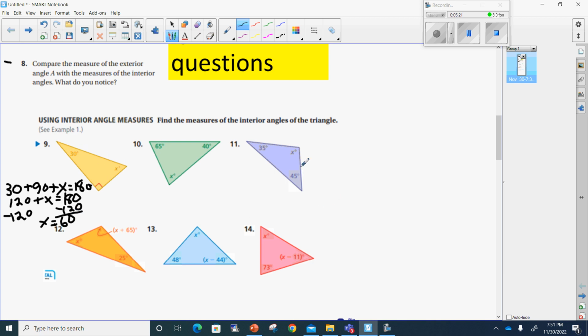All right, let's go ahead and look at number 11 now. Number 11 has, again, all angles on a triangle equal 180. So we got 35 plus 45 plus x equals 180.